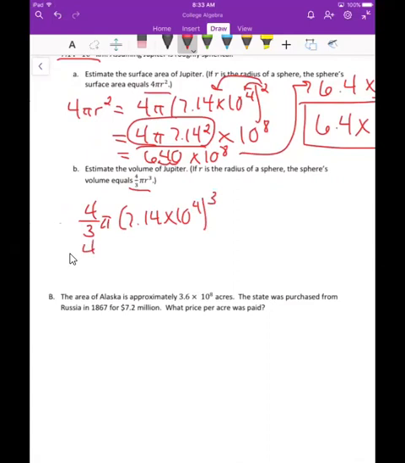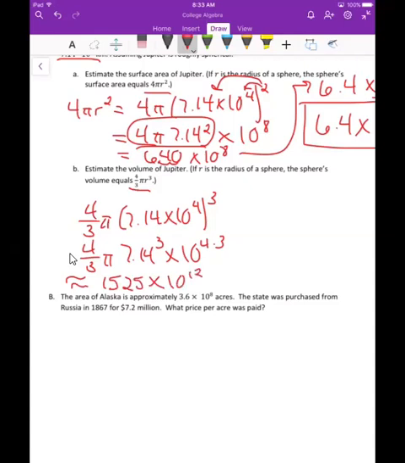So our number we can plug in the calculator is 4/3 pi times 7.14 cubed, and then again we summarize all those zeros together in that last power there. So this will be about, when you plug it into your calculator, rounding to the nearest whole number, 1,525 times 10 to the 12th.